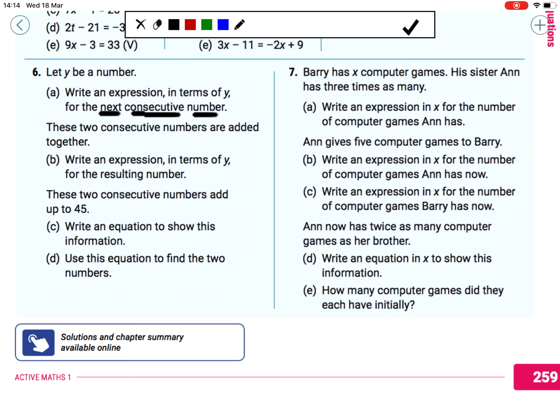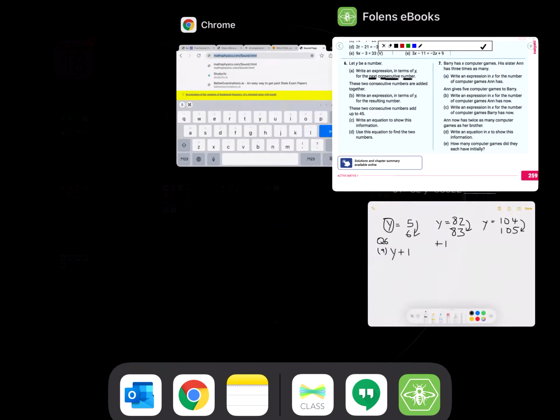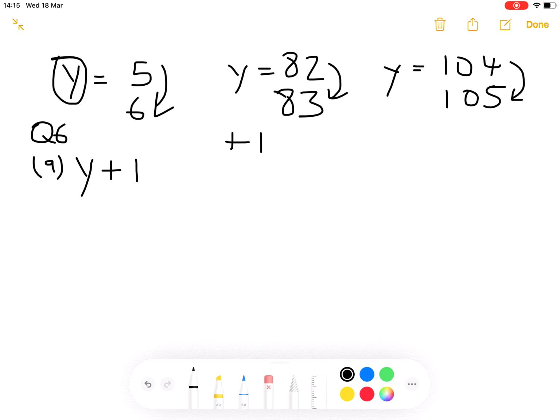The question then says, write an expression in terms of y for the next consecutive number. We've done that. So we've got y plus 1 as part A. It says these two consecutive numbers are added together. Okay? These two consecutive numbers. So the consecutive numbers that I'm talking about are y and y plus 1.